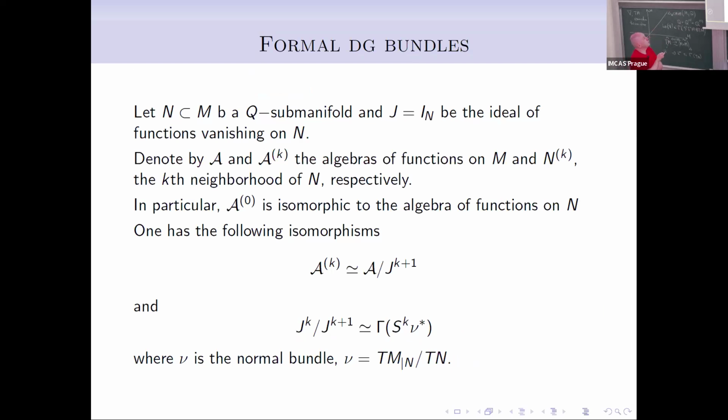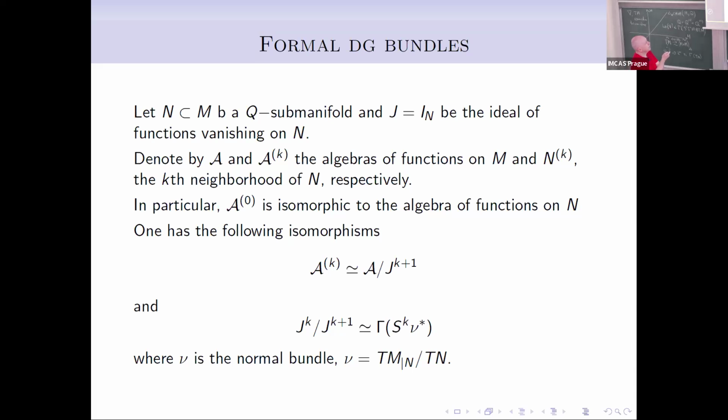Suppose we have a Q submanifold N inside a Q manifold M. So let's look at the ideal of functions vanishing on this submanifold. We call it J. Denote by A and A_k the algebras of functions on M and on the k-th order neighborhood of N, respectively.